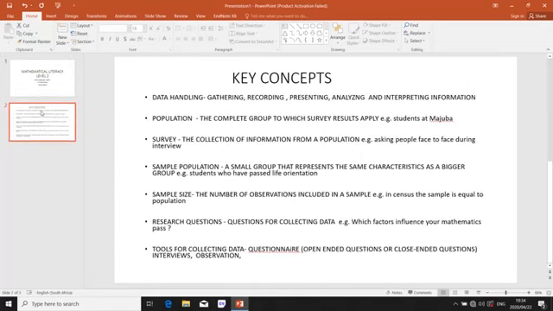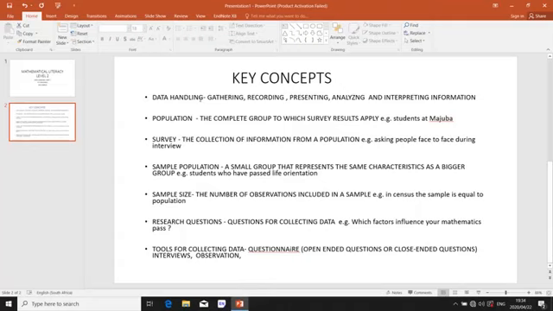When doing data handling, I will start with some of the concepts that we are going to meet while we are busy with data handling. The first concept is: what does data handling mean? It means that we gather information. Data means information.